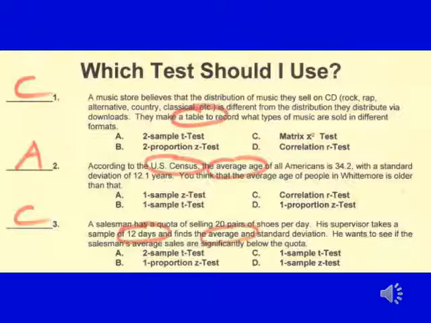The third one, it again says average, and so that kind of tells me it's going to be one of those tests with sample in the name. And since we're only looking at 12 days for our sample, that tells me it's a small sample. And that's how I know we've got one small sample. It's a one sample t-test.